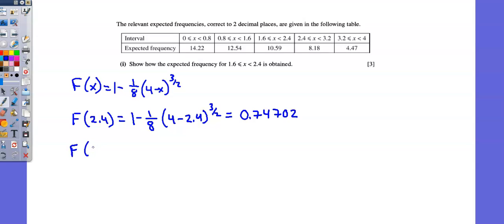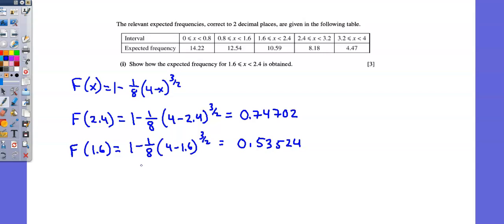So I'll find the accumulation up to 1.6. 1 minus 1 over 8 times 4 minus 1.6 to the power of 3 over 2. This is 0.53524.